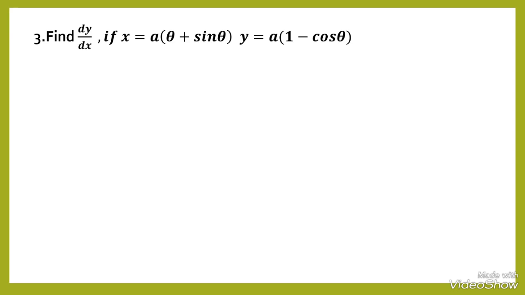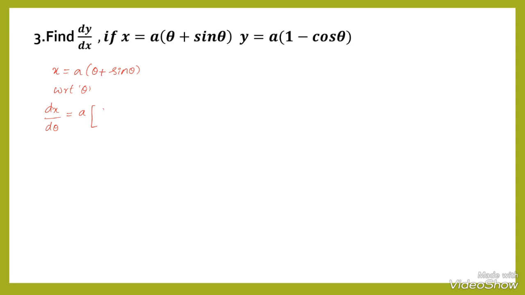Example number 3. Now, let's consider x is equal to a into theta plus sine theta. There is a parameter theta, so I can differentiate with respect to theta. dx divided by d theta is equal to a, which becomes constant.